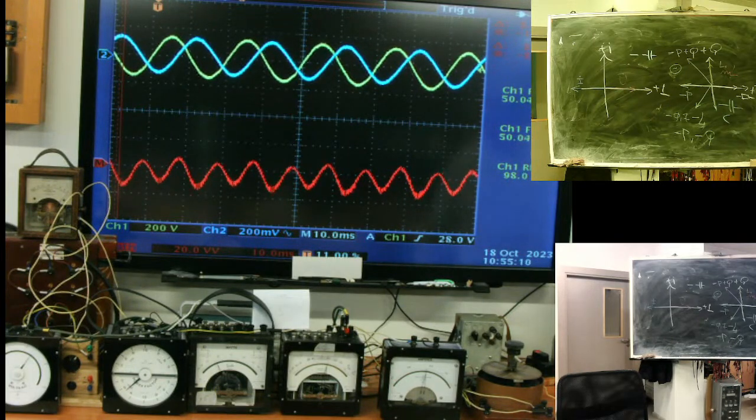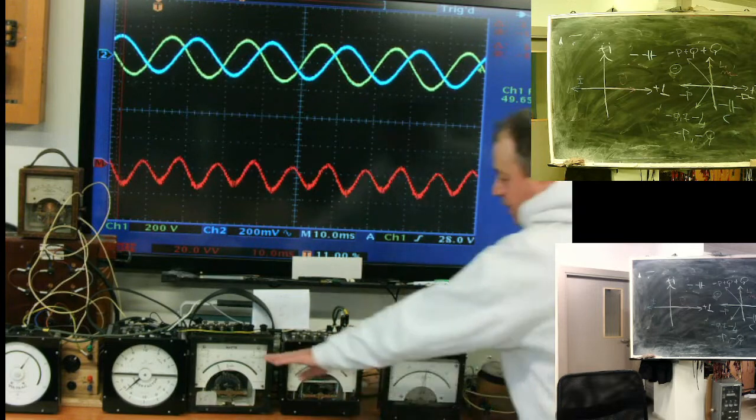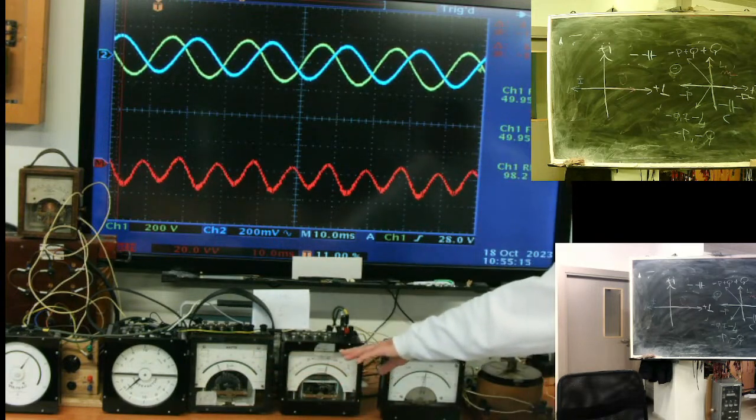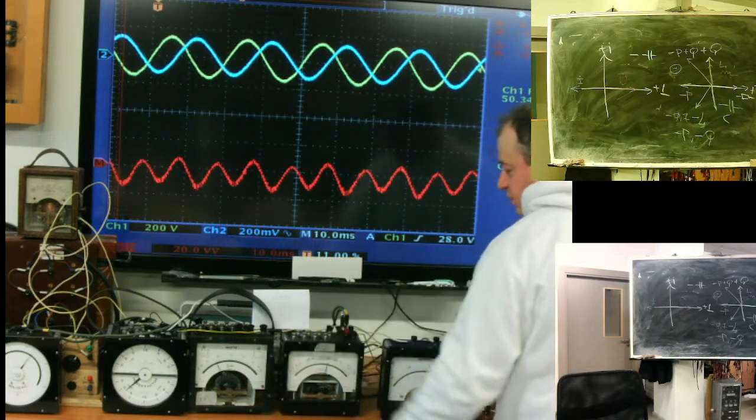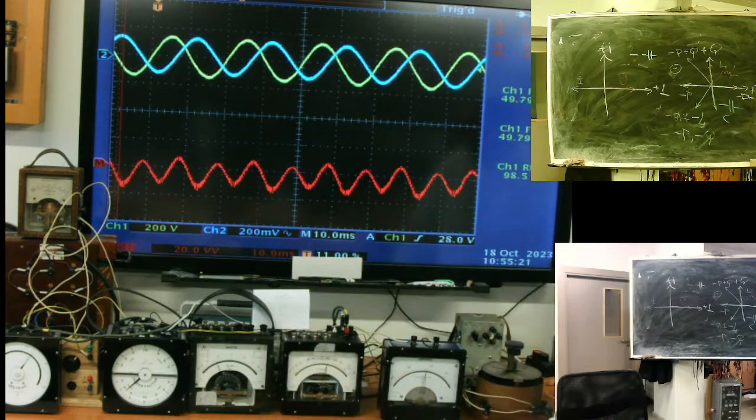This mode, when active power supplied is negative, sorry. For our reference point it will be negative. But reactive is positive. With supplying active to the network and taking reactive from the network.